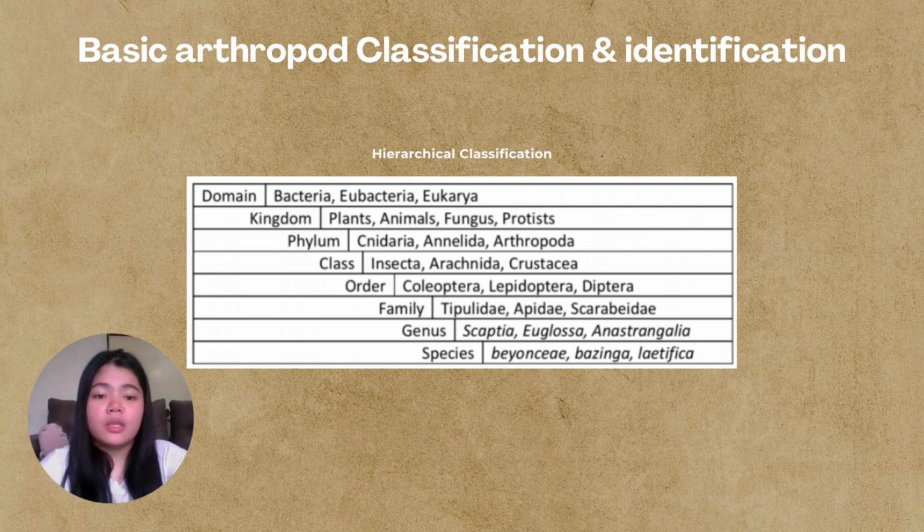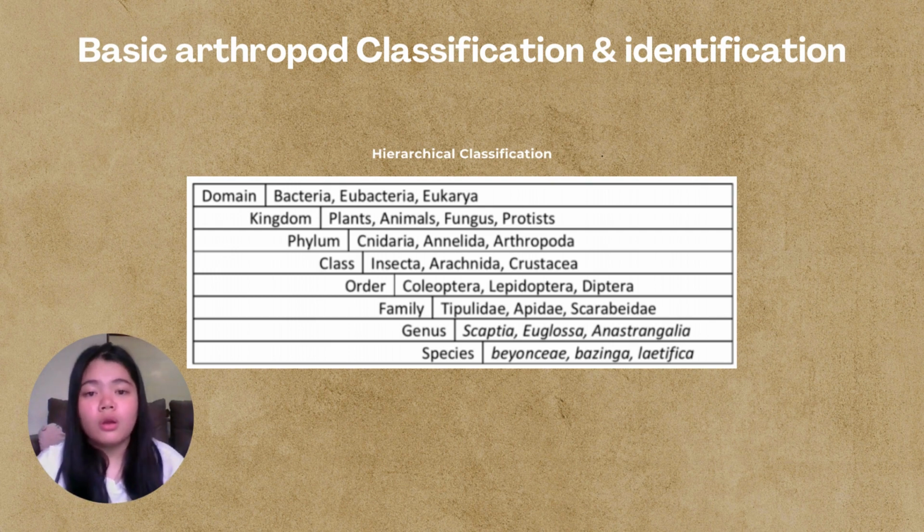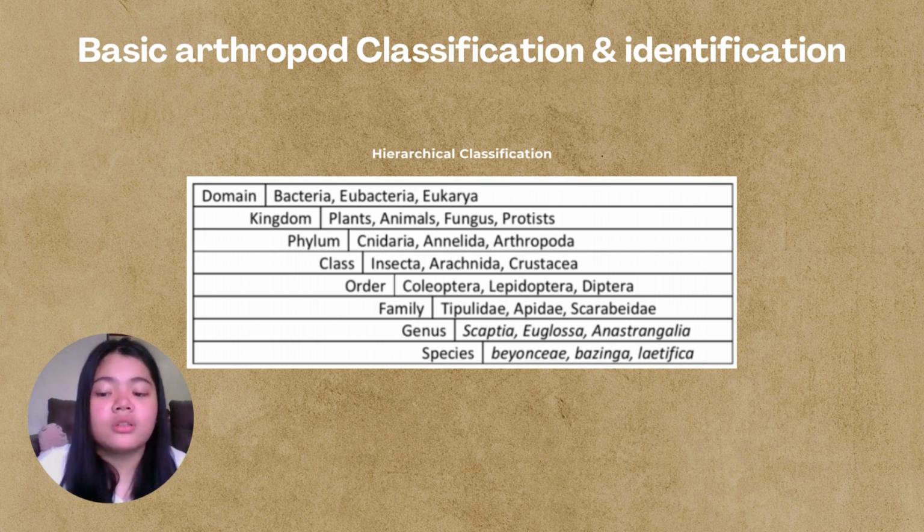This starts with domain, kingdom, phylum, class, order, family, genus, and species. Another way to determine certain organisms is to look for other sources like experts to seek further knowledge on the species to be studied.